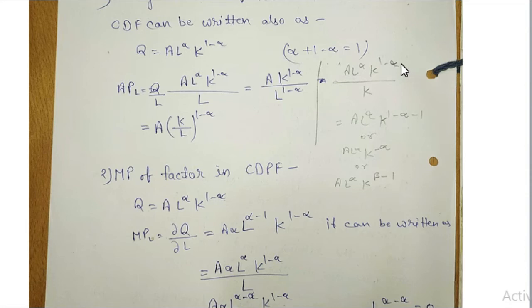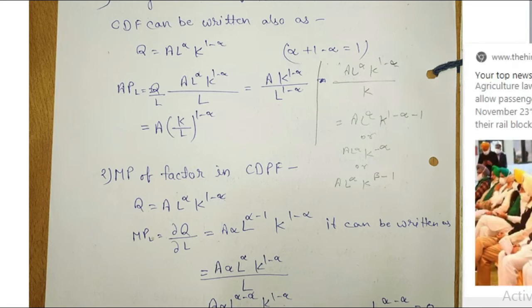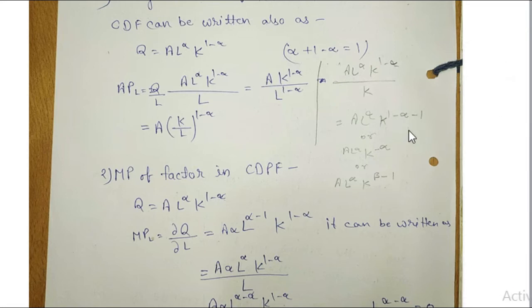You put minus 1 here to 1 minus alpha minus 1. Okay, you can see here. Or you can write it as A L^alpha K^(minus alpha), as the plus 1 and minus 1 have cancelled out, or you can also write it as A L^alpha K^(beta minus 1). So, you get the expression for average product of capital.